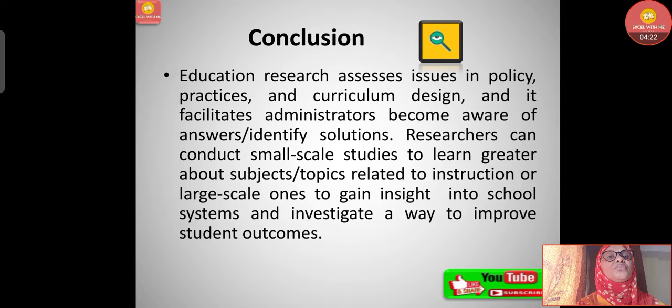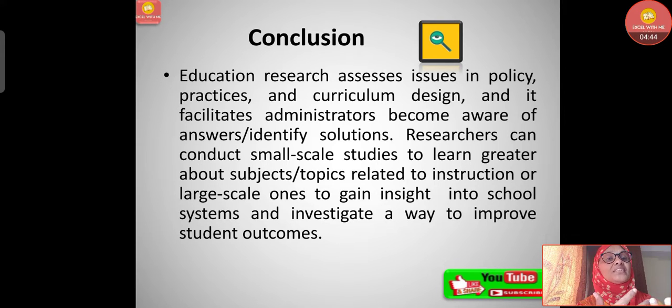So, let's conclude the topic here. Education research assesses issues in policy, practices and curriculum design, and it helps administrators become aware of answers or identify solutions. So, why does educational research assess these? What are the things they will assess? For the betterment.